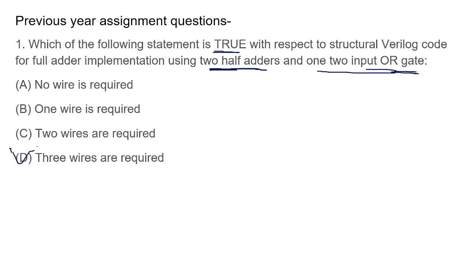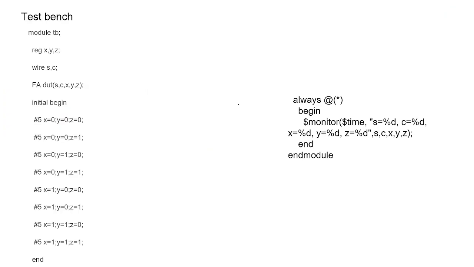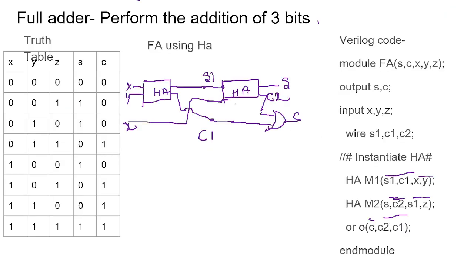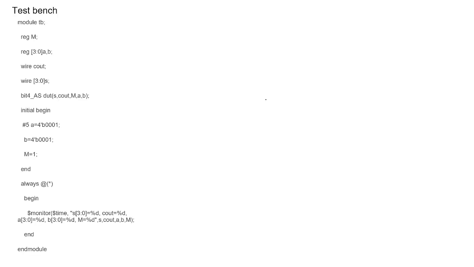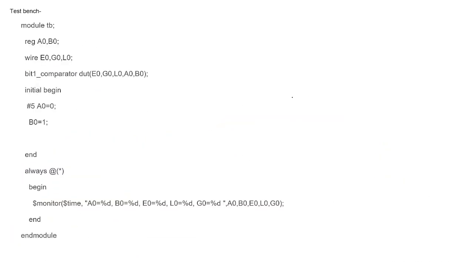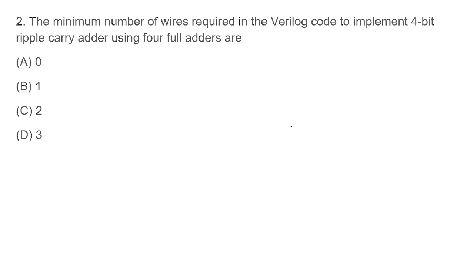Yes, we have already seen the full adder using half adders. Here we need 3 wires: the first half adder's carry and sum as 1 wire each, and the second half adder's carry as 1 more wire. Total 3 wires. So the answer is D.